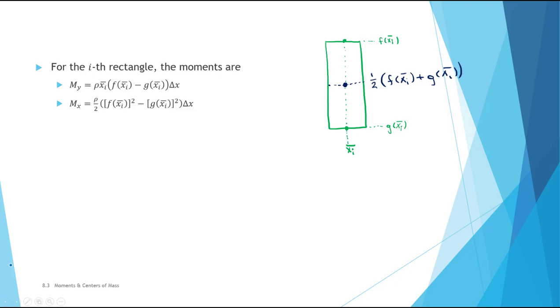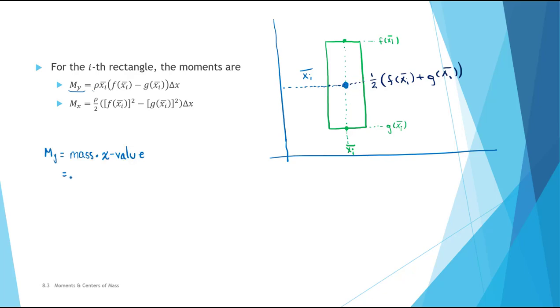In order to find the moments for this one rectangle, we remember that the moment about the y-axis is the distance of our point mass from the y-axis multiplied by the mass of that point. Well, thinking about this rectangle as being a point mass centered at this middle point, the mass is rho times the area of the rectangle.